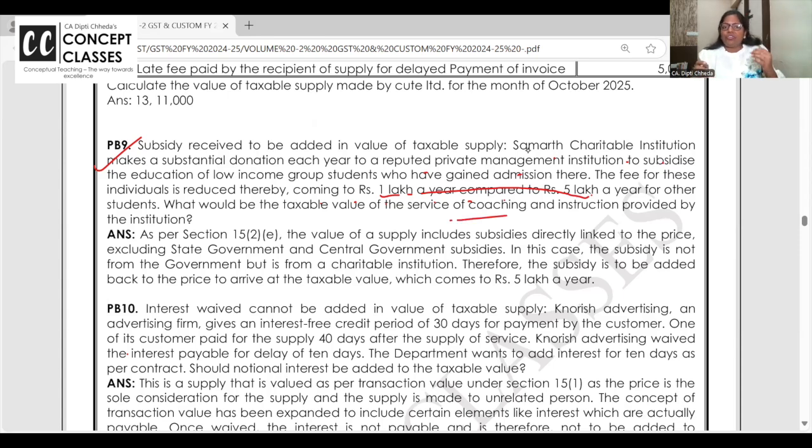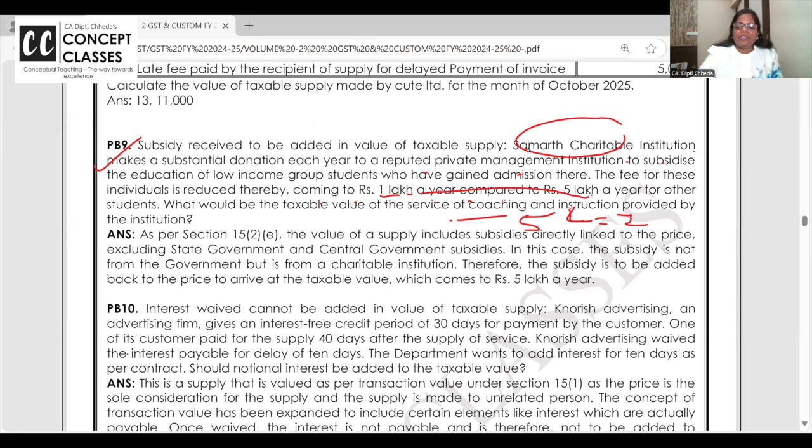See, generally the coaching center is charging 5 lakh fees, but this charitable trust is contributing, and so from the student we are charging only 1 lakh. Now, will you reduce the subsidy? Answer is no. Only subsidy to be excluded is subsidy received from central government and state government. And this is the receipt from a private trust.